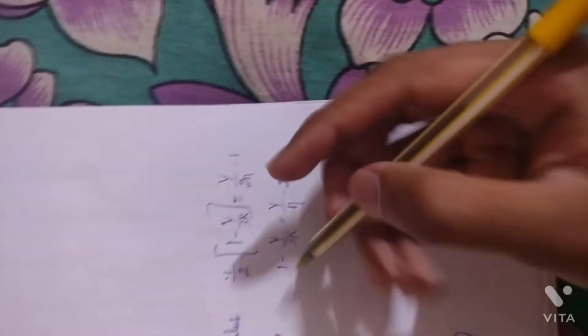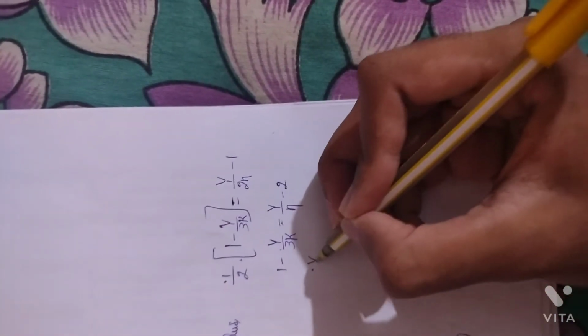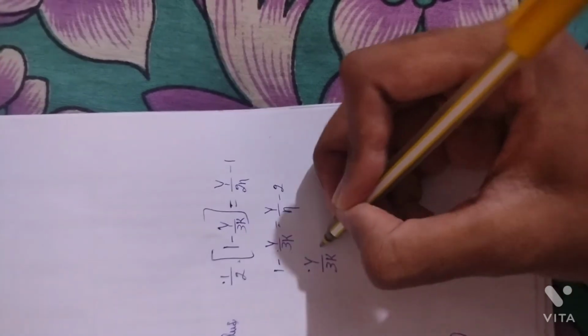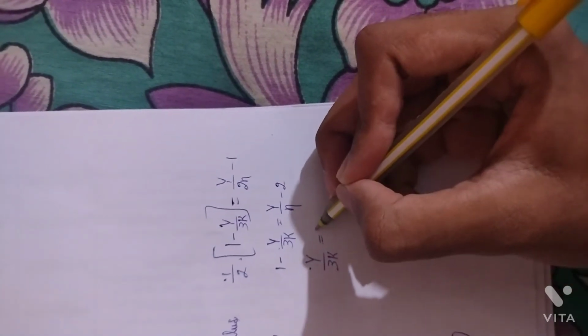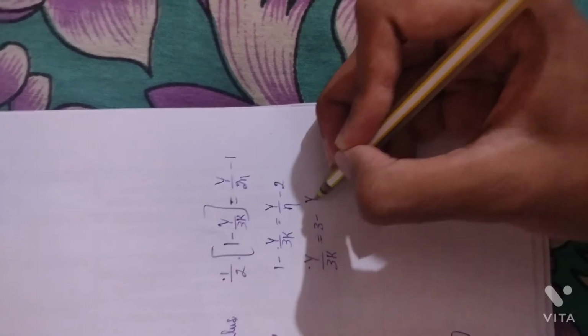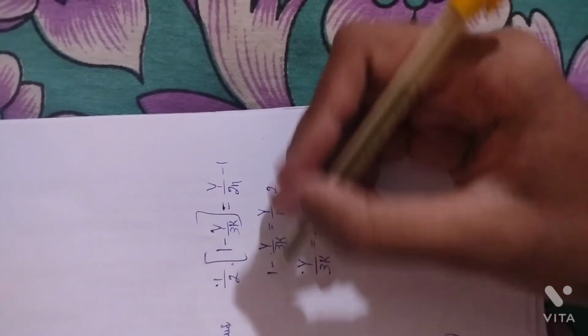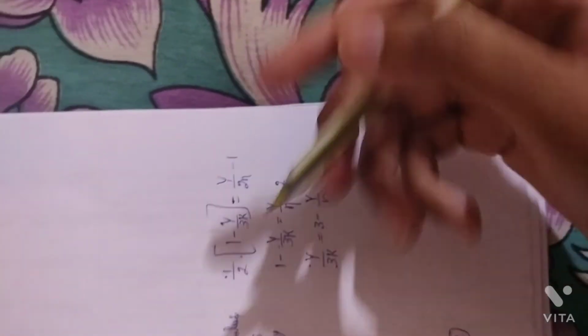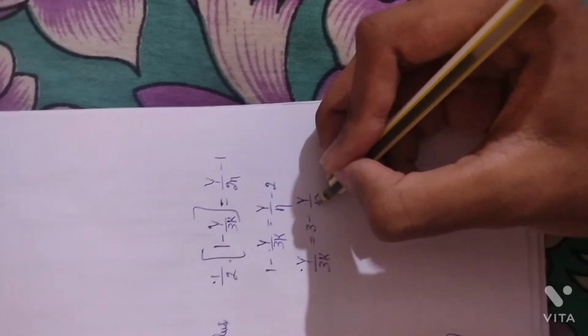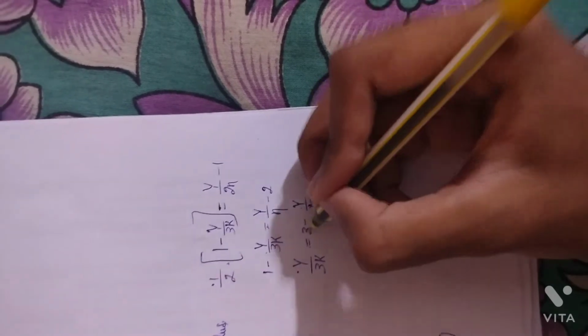Then Y/3K we will take as common. Y/3K is equal to 3 minus Y/n, because 1 will go to this side, so it will become plus, minus plus, so minus 3. So you got it, I think. So it will become plus 3.